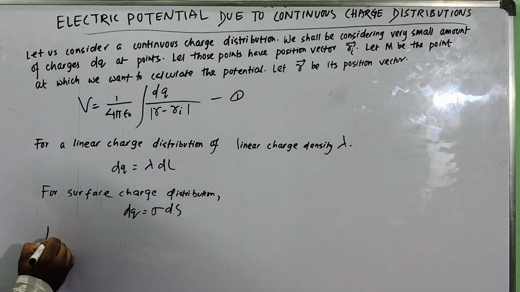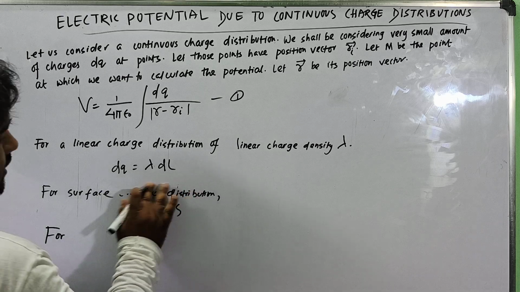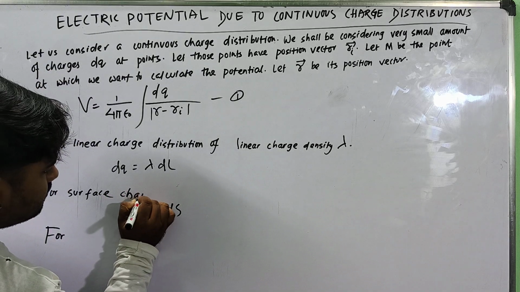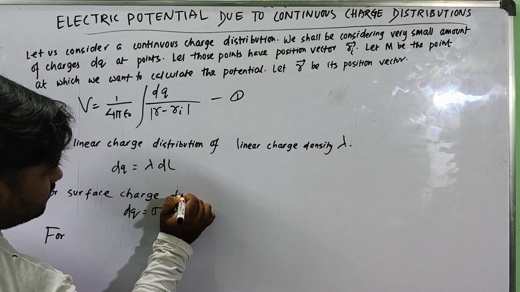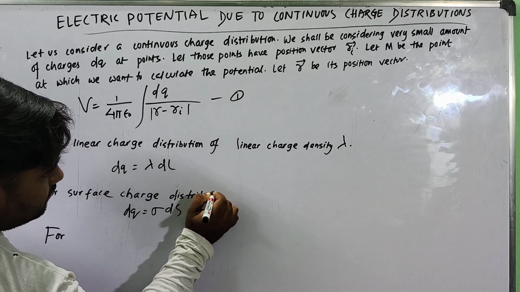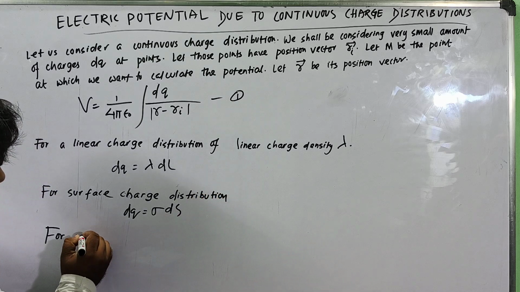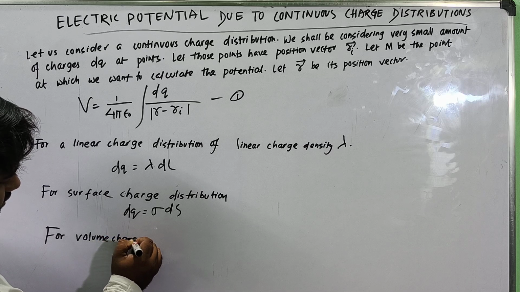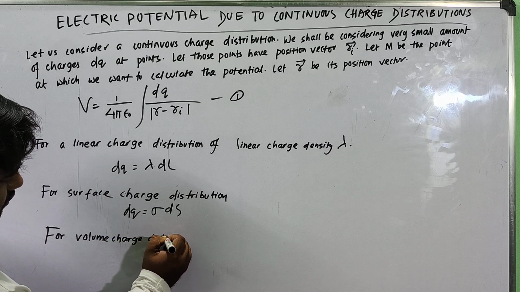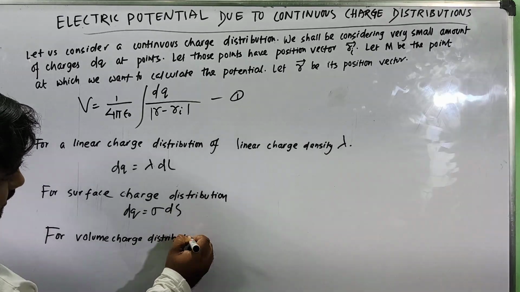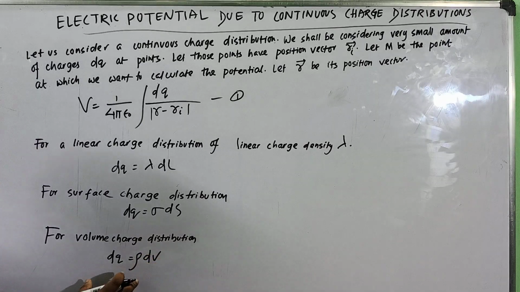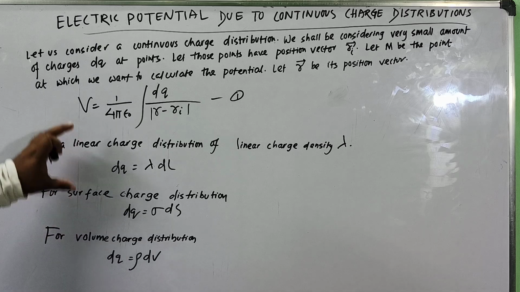And for volume charge distribution, then dq is rho dv. Oh, I remember now, it is rho dv. So we are going to calculate each thing.